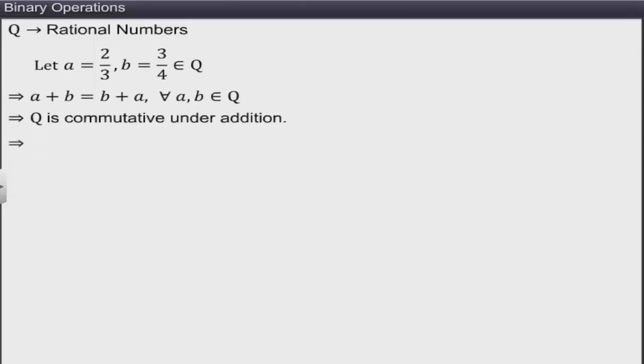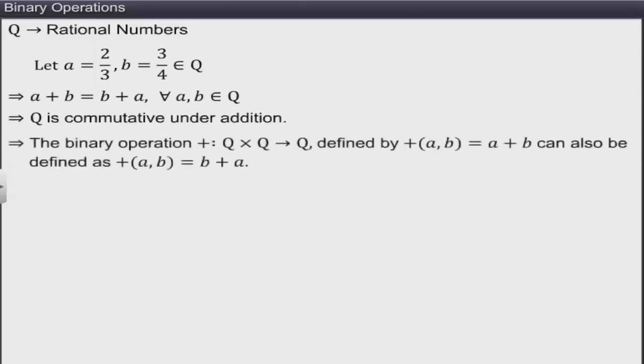Hence, the function addition from Q cross Q to Q, defined by plus of (A, B) equal to A plus B, is a binary operation.